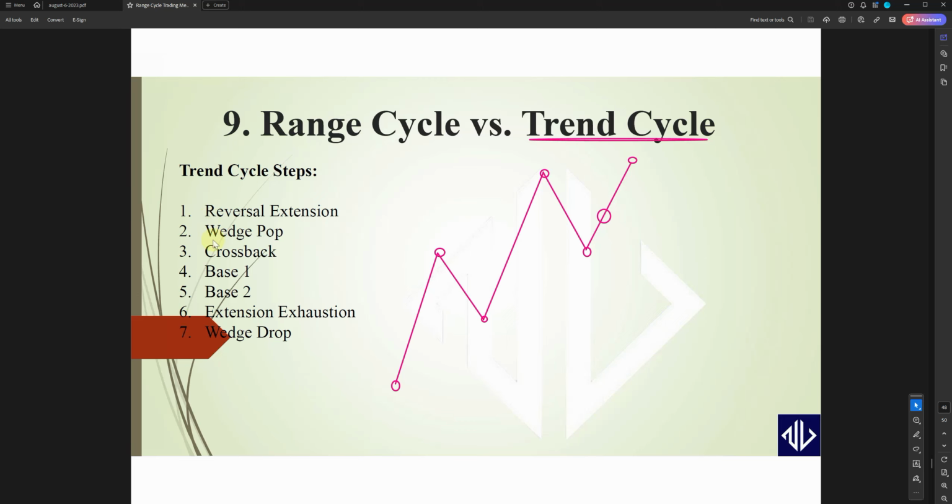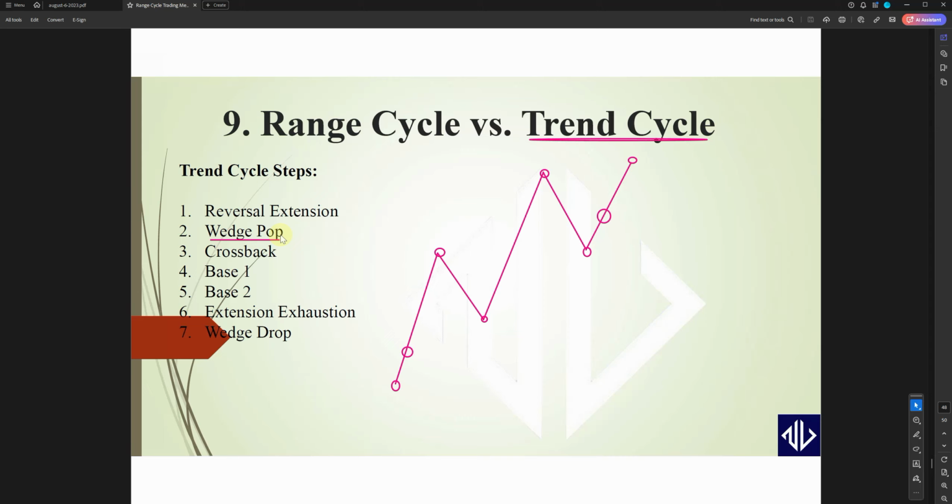So, for example, if we are in the wedge pop somewhere here, what is my expectation? My expectation is that we are in a very early trend. So this is what I see: are we in the early trend, in the middle of the trend, or are we getting into some exhaustion area where we can see some reversals or at least a short-term pause.